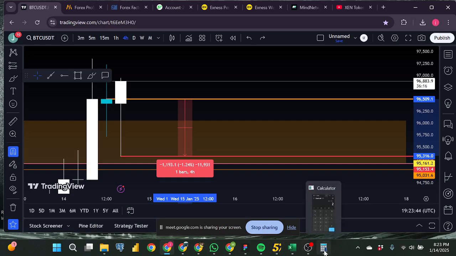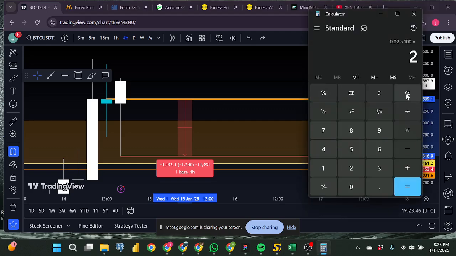Come to your calculator. Type in this percentage, 1.24%. We are going to be checking at random the leverage that we can use.